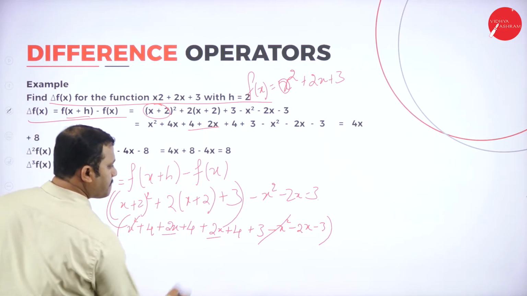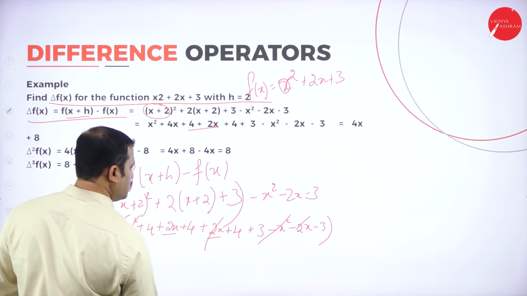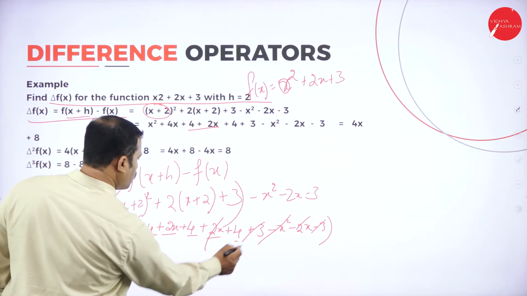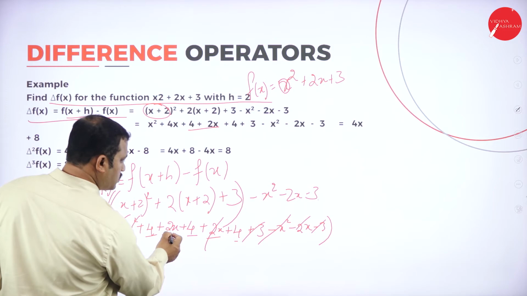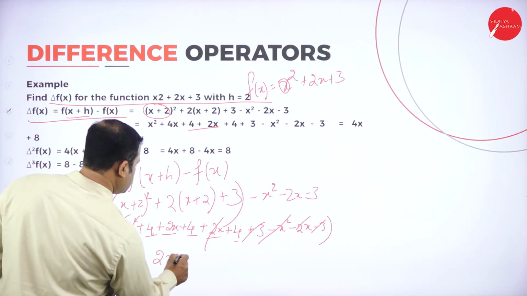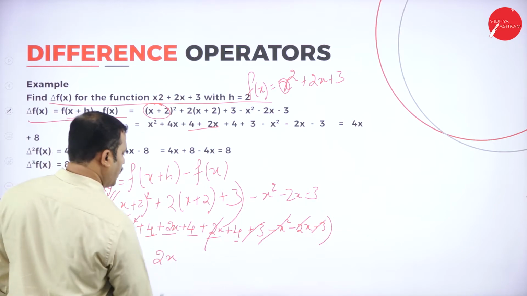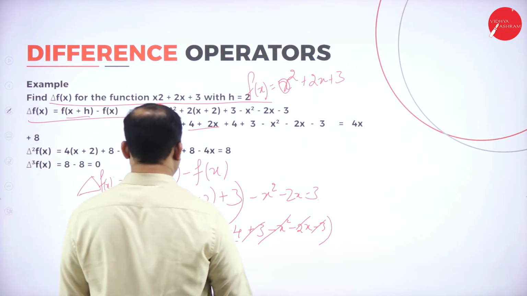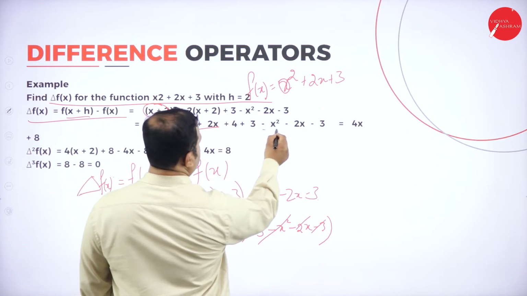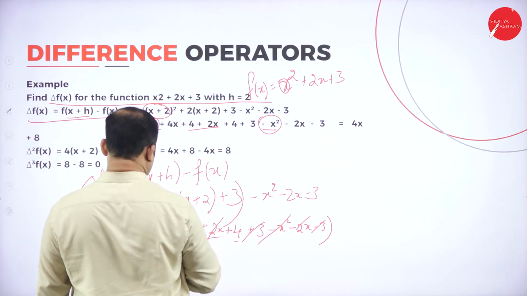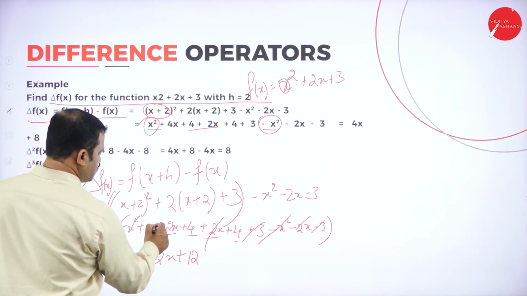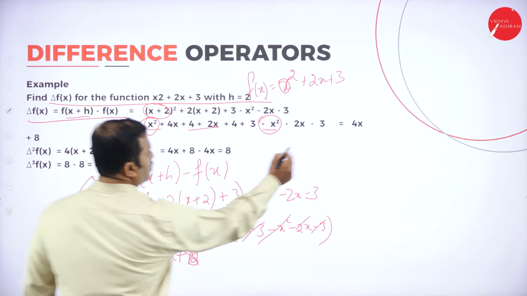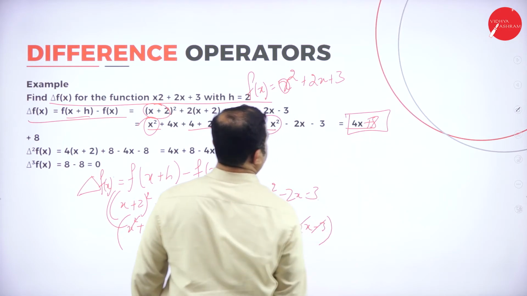Plus 2x minus 2x, plus 3 minus 3 also cancel. Sorry, it is 4x here, so we have 4x plus 8. This is 4x + 8.